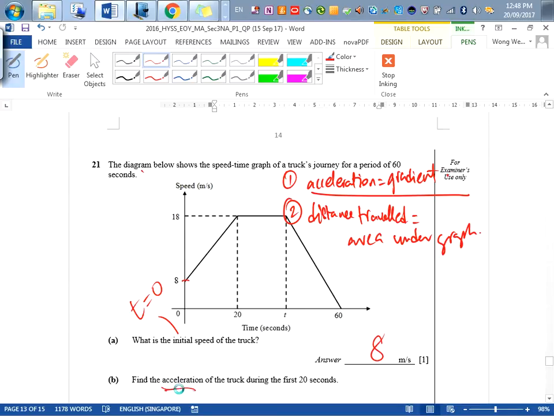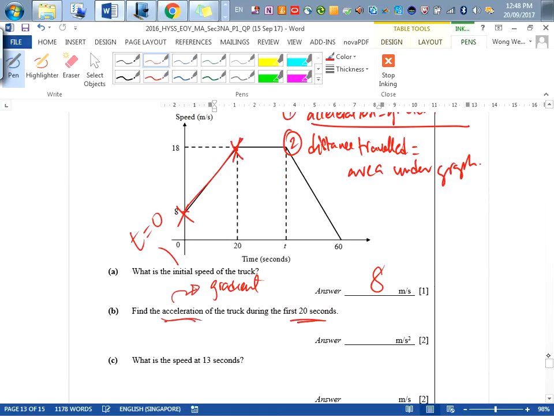Find the acceleration of the truck during the first 20 seconds. So acceleration, can we replace this word? Gradient. Find the gradient for the first 20 seconds. Gradient of a straight line. What is the formula for the gradient of a straight line? Okay, so we have y2 minus y1 over x2 minus x1.